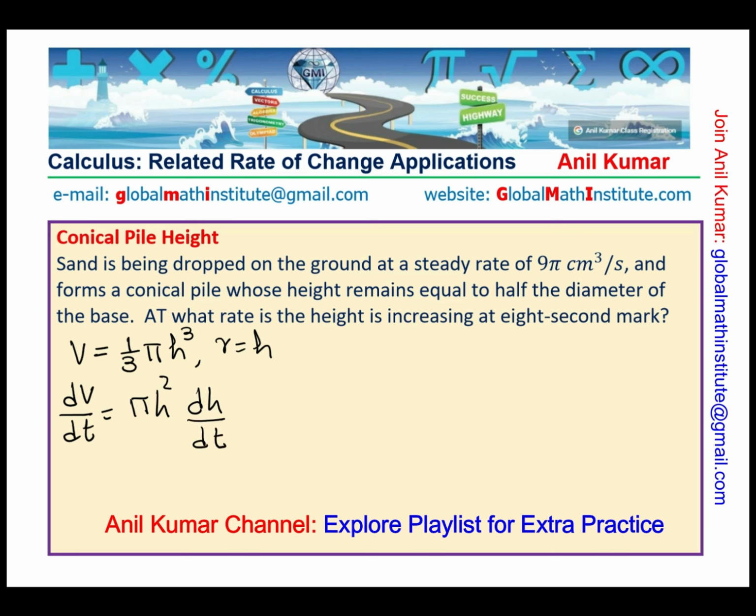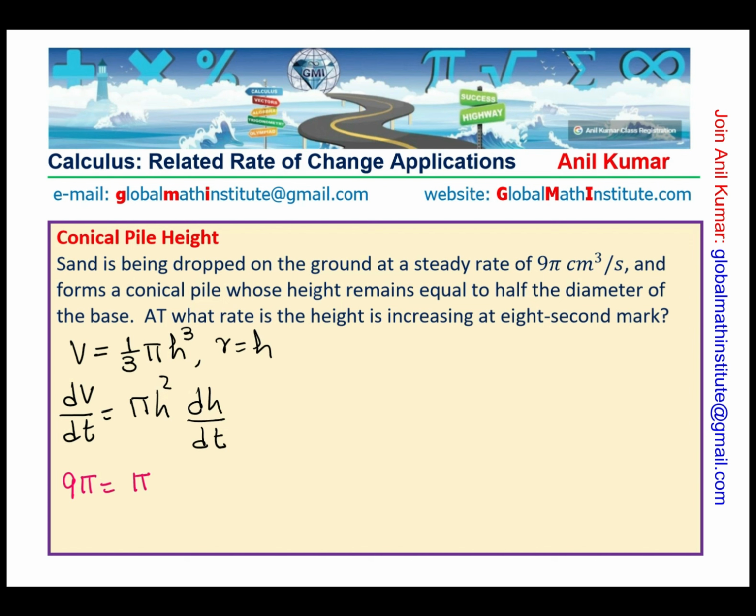And now we are going to substitute the given values. dV/dt, the volume rate of change, is 9 pi. Right? So we are going to write 9 pi. h we figured out is 6, squared. And we need to find dh/dt. Makes sense, right?